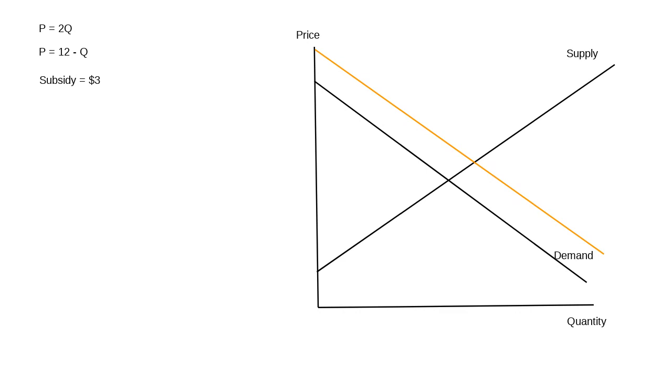So we can do either one of these. Notice this is not much different from taxes, except we're just doing it to the right of the equilibrium instead of to the left of the equilibrium.